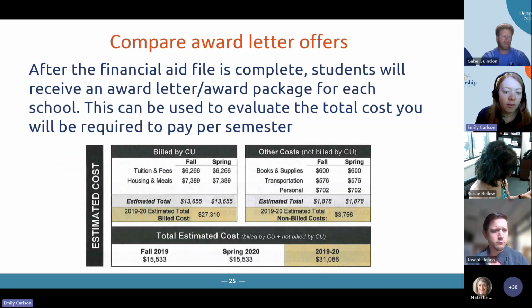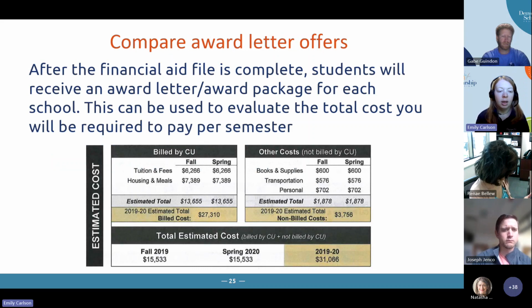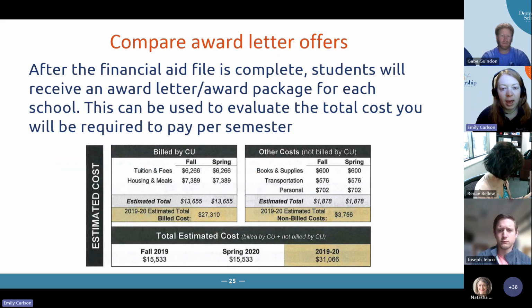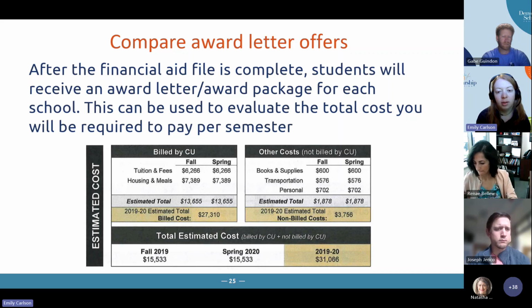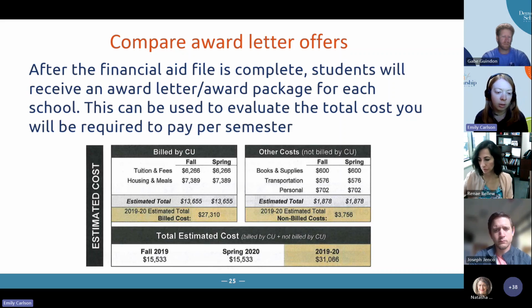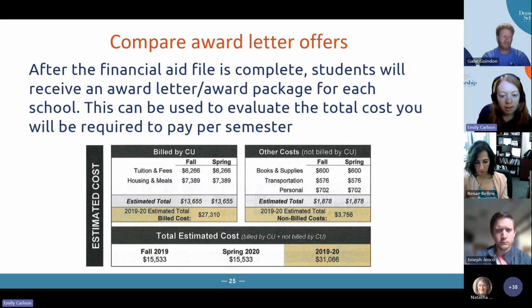After the financial aid file is complete, the colleges are able to review that and give the student back an award letter, or award package is another word for that. These are what we use with students to evaluate the total costs that they're required to pay per semester. We have an example of an old one here, but it looks at the estimated cost. It breaks it down for the students.